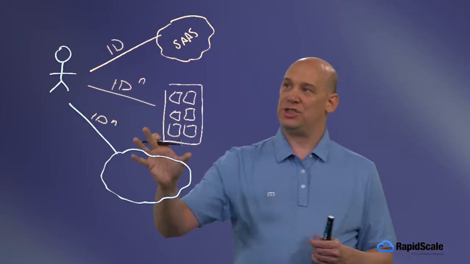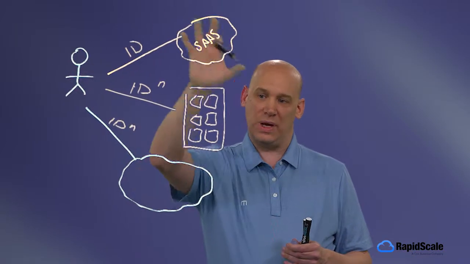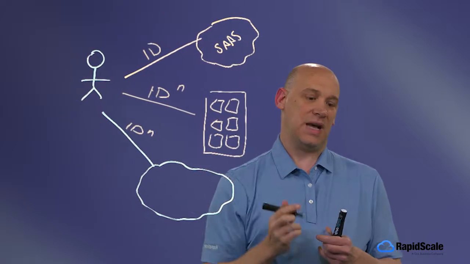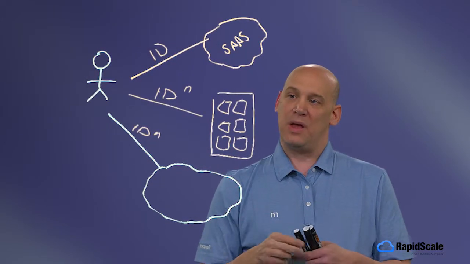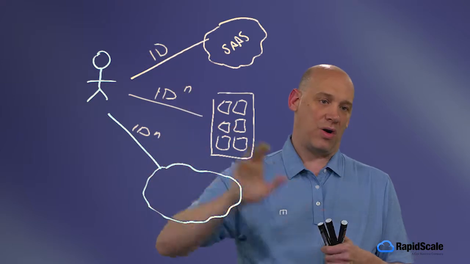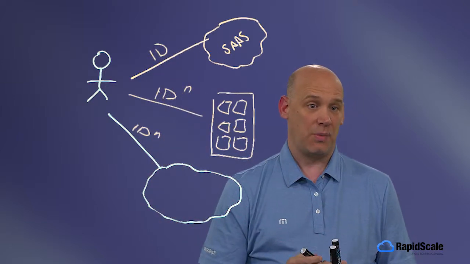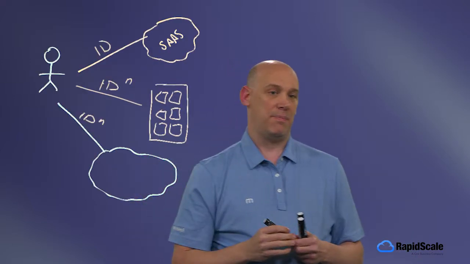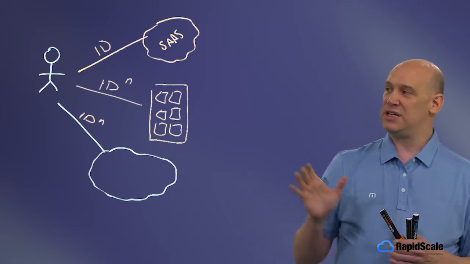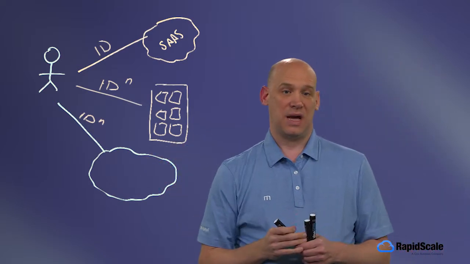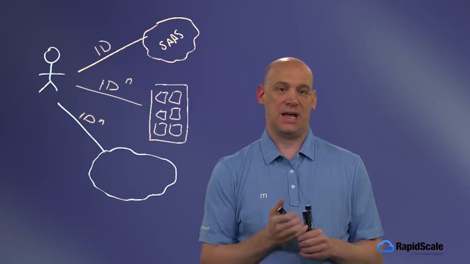Now, the challenges or the problems that we see with this today is that it's hard to keep track of, number one. The second problem is security. It is incredibly vulnerable to have multiple IDs out there.